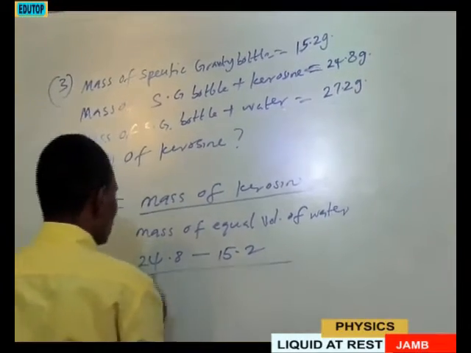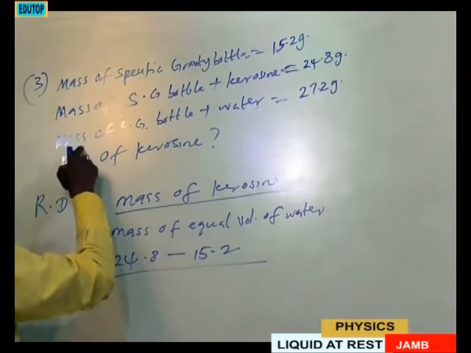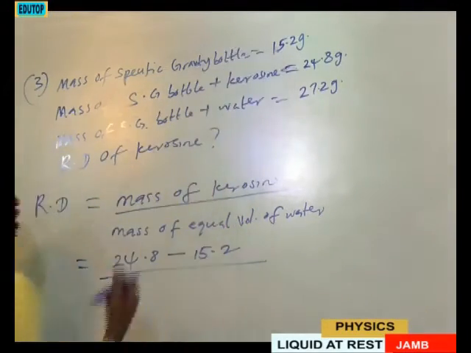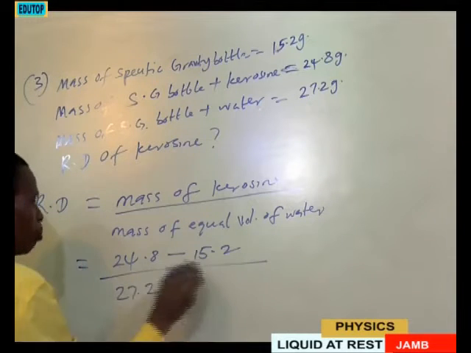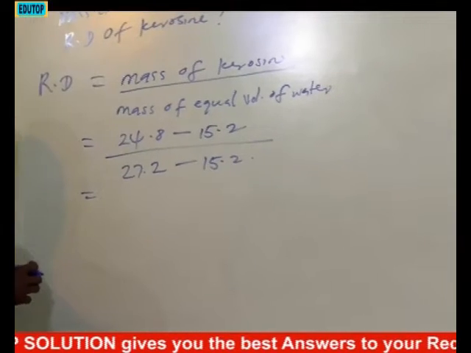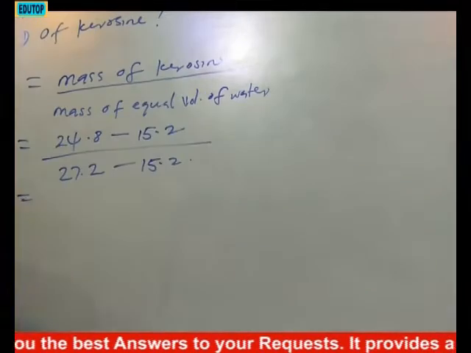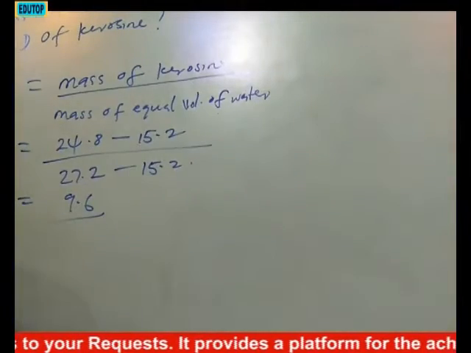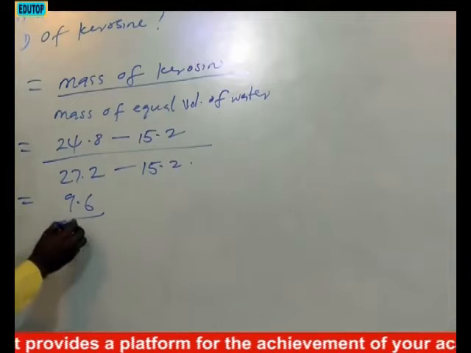The mass of equal volume of water will be equal to the mass of specific gravity bottle plus water minus that of empty bottle, which is 27.2 minus 15.2. 24.8 minus 15.2, we have 9.6. 27.2 minus 15.2, we have 12.